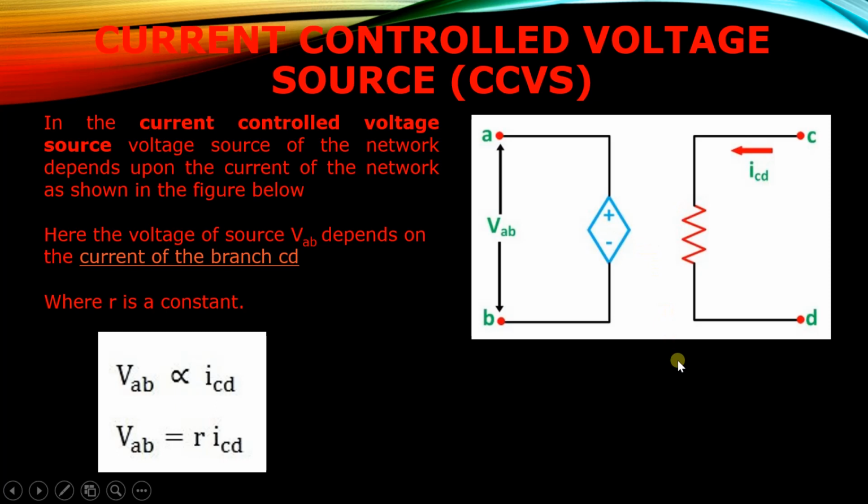Here the voltage of the source VAB depends on the current of the branch CD. VAB is directly proportional to ICD, or it is replaced by a constant R. R is a constant called the resistance, and its unit is ohm.